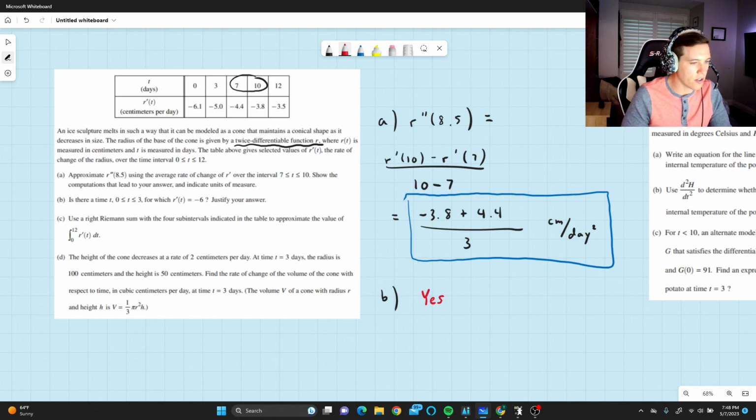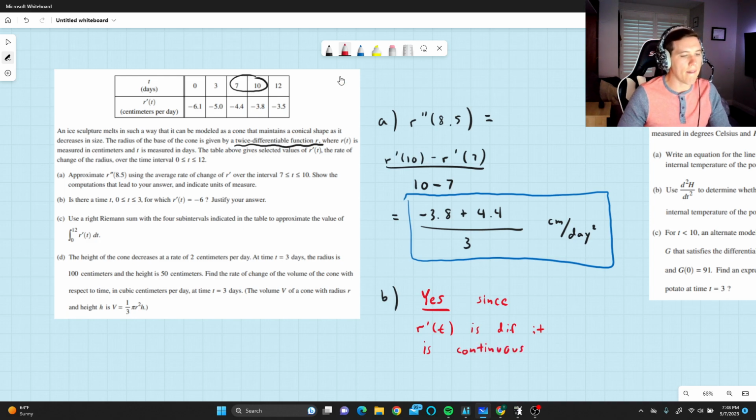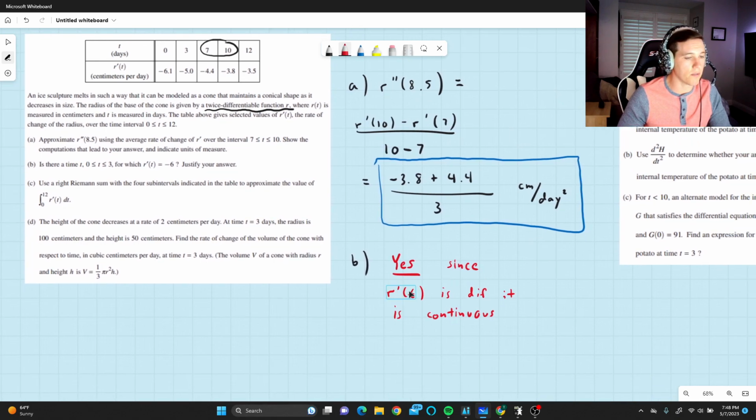Yes, answer the question. Since R prime of t is differentiable, it is continuous. You have to say that. If you're going to use the intermediate value theorem, even the mean value theorem, I would still say because the function is differentiable, it is continuous. That's the first condition.